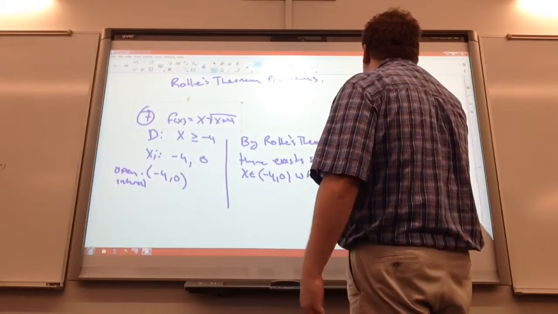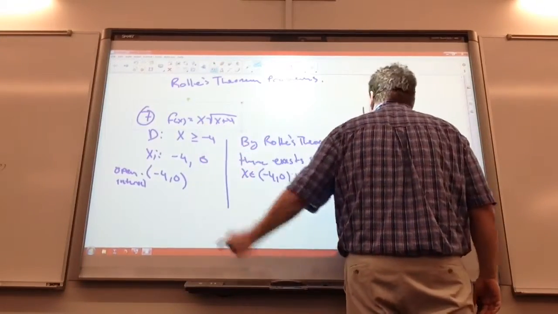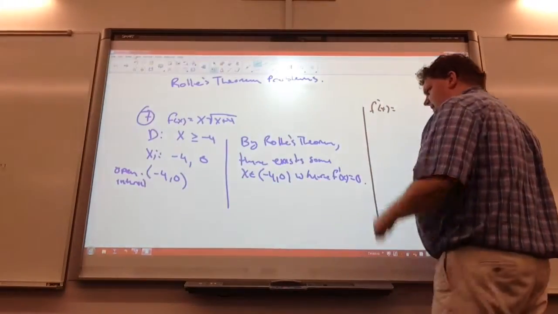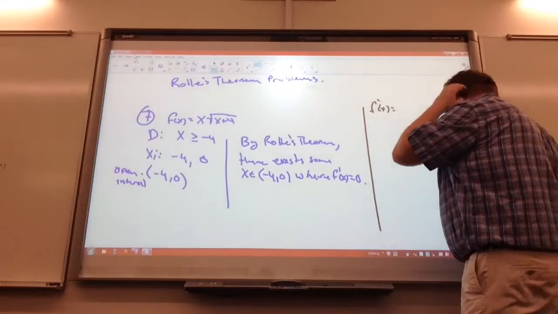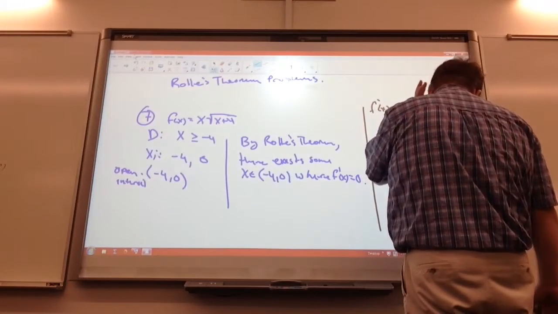f prime of x should be equal to... what rule would I use on this? Product rule. And with a what inside of it? Chain rule, there we go.